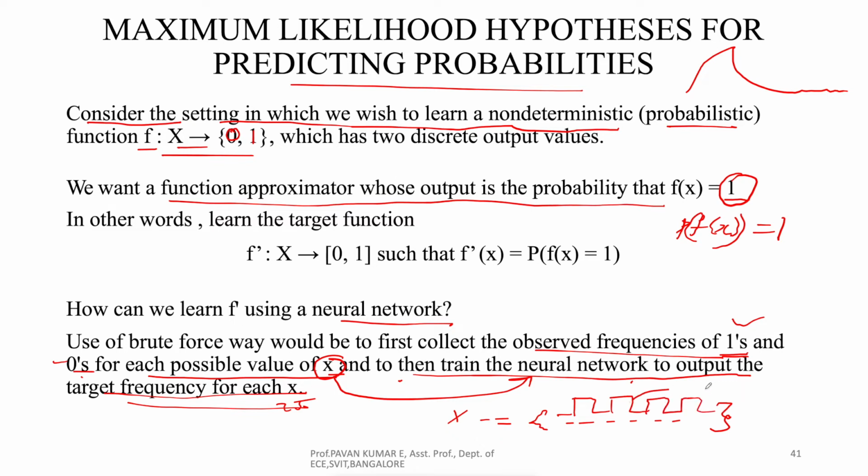So based on that you are going to train your neural network so that I can analyze the target frequencies of each one. That says the maximum likelihood hypothesis for predicting probability.